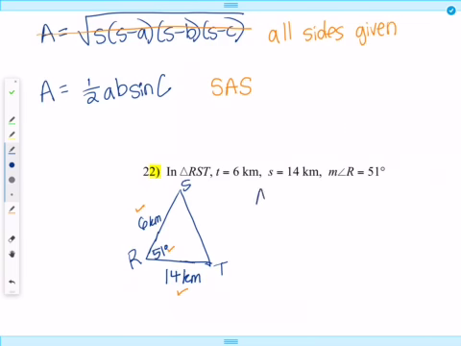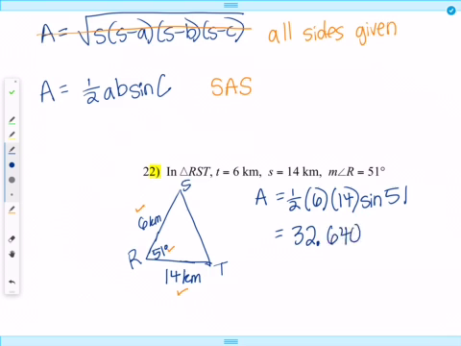So we're going to plug into that formula, area equals 1/2, multiply your two sides together, 6 and 14, and then it's going to be sine of your angle measure, which is the 51 degrees. So this would be 0.5 times 6 times 14, sine of 51, typing that into my calculator, and rounding to 3 decimal places, this would be 32.640.